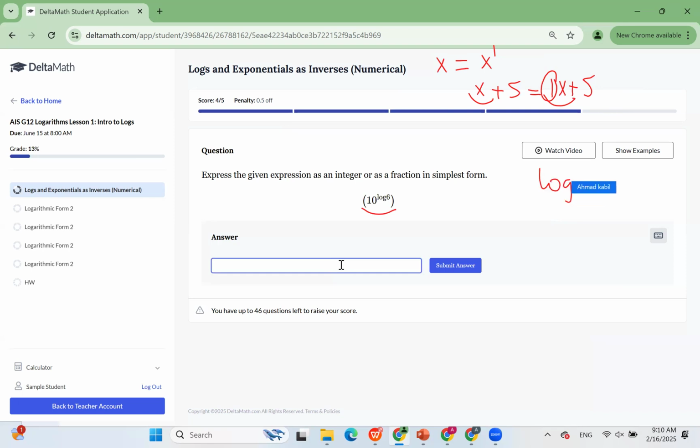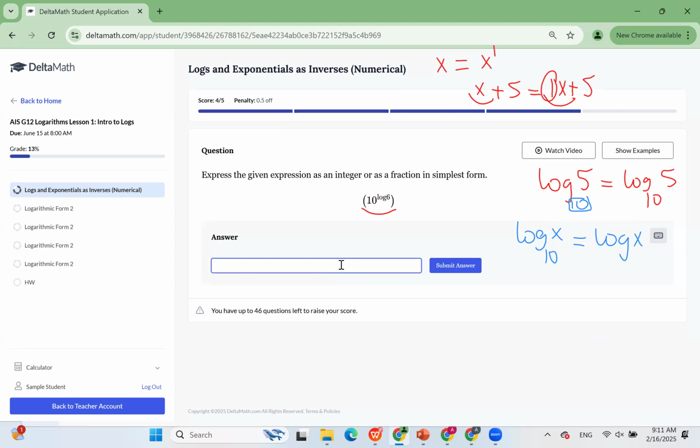So log 5 and log base 10 of 5 are exactly the same thing. So if we don't have a base, we are allowed to add a base of 10 without changing the value of the equation. So log x base 10 in general is the same as log x without a base.